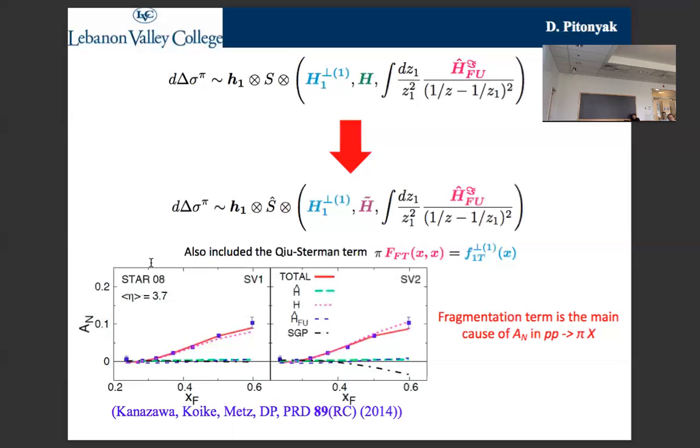We don't need the Qiu-Sterman term. Okay, let me fast forward like 3 years to when we update the analysis, and then you can see what's going on and that this claim is still valid.